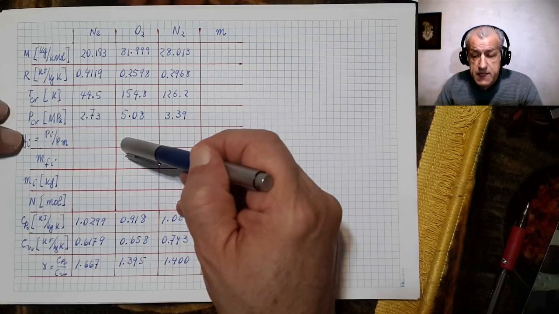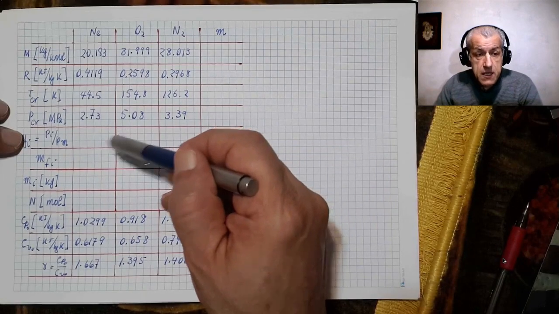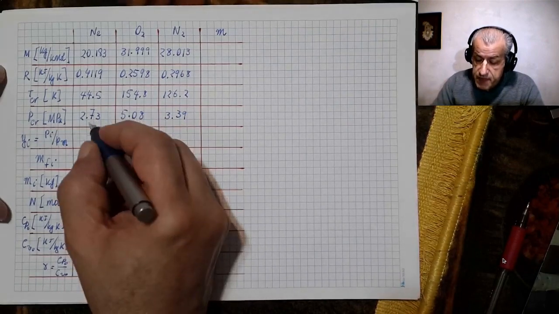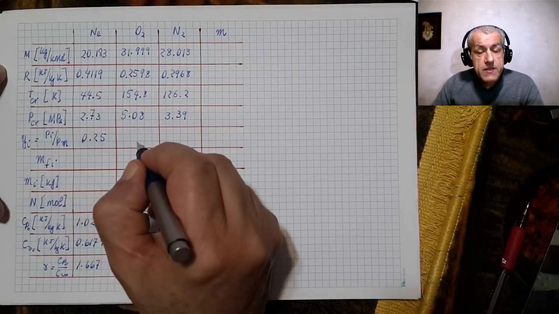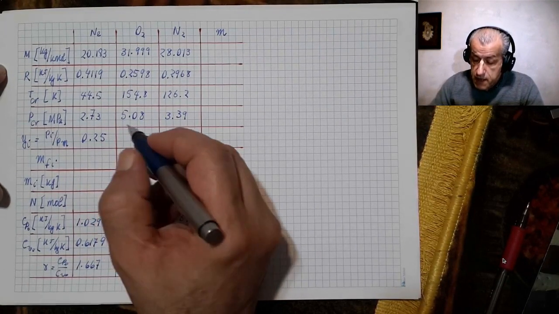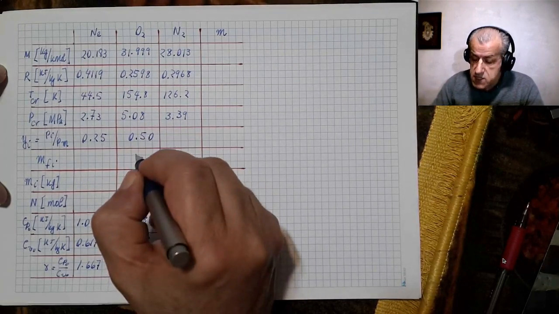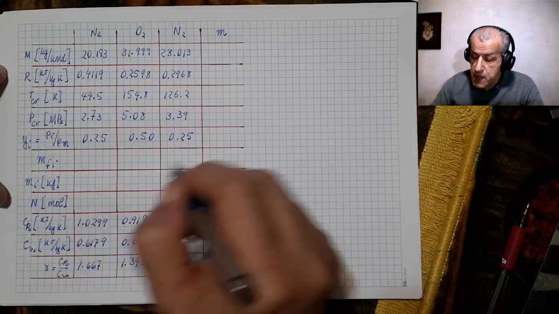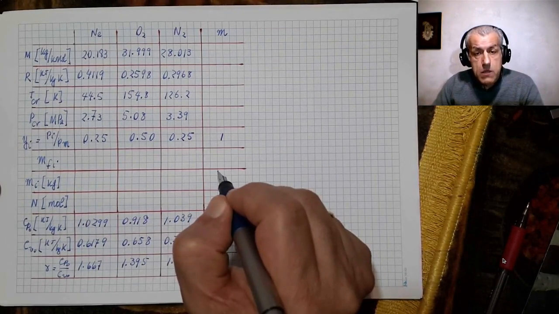This problem tells us about partial pressures, and therefore it gives us data on a molar basis. It tells us that we have 0.25 on a molar basis of neon, 0.50 of oxygen, and 0.25 of nitrogen, and the sum would be 1.